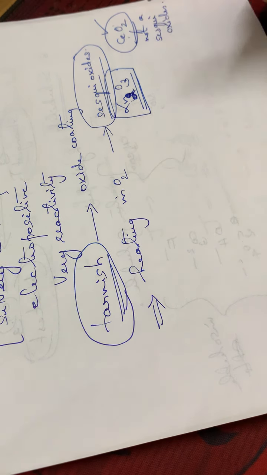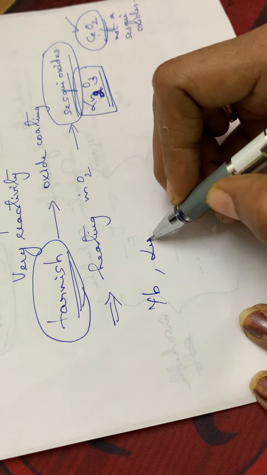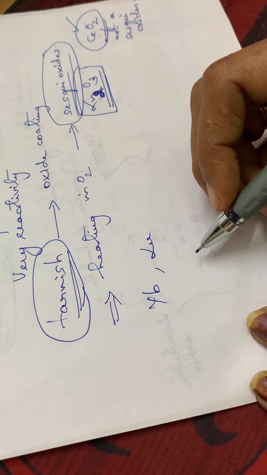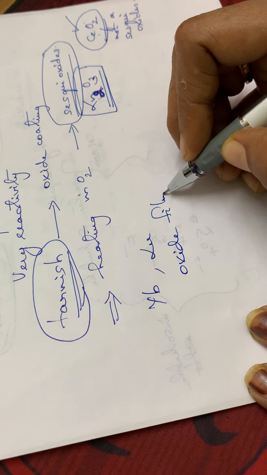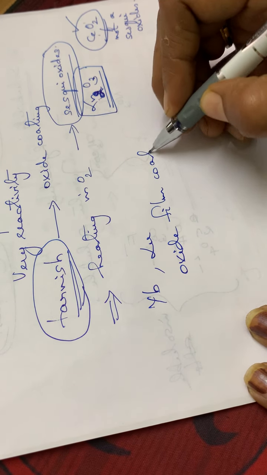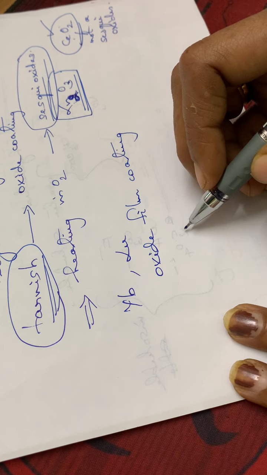And also one more case is that ytterbium and lutetium also form a protective oxide film coating.